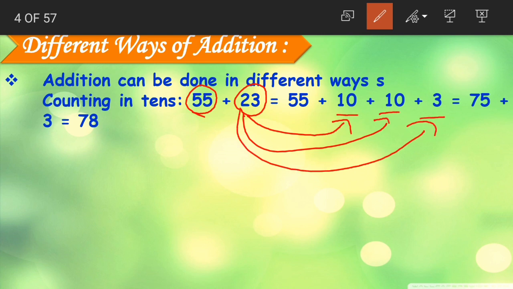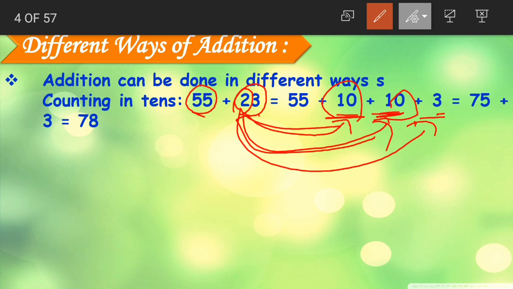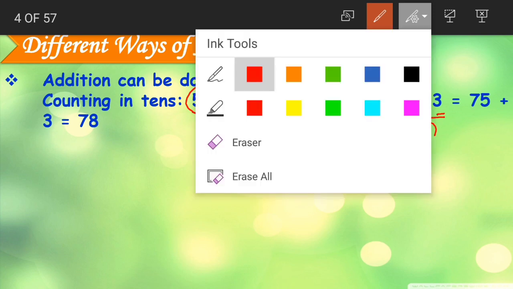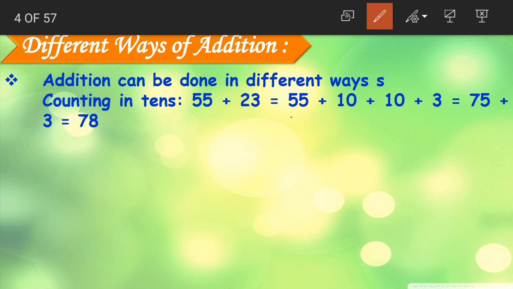We split 20 into tens. We have 2 in the tens place, it means we have 2 tens. 10 plus 10 becomes 20, and then we have 3, right children? Why did we split up? It becomes easier to add in tens.